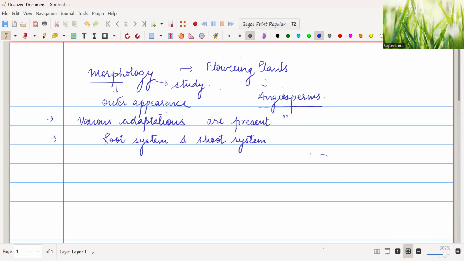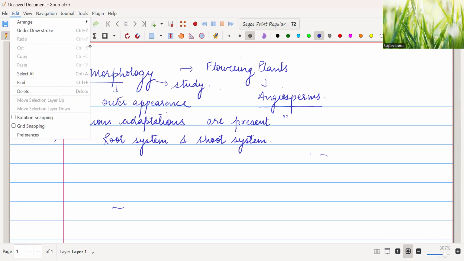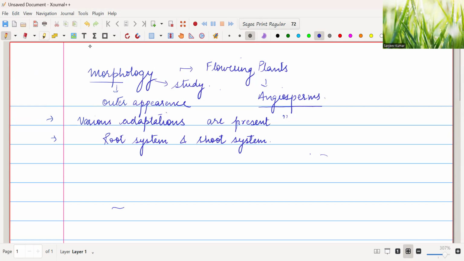It's very clear from the word itself. When we see a plant, we can see various plants with different structures out there. If you're seeing a green plant, we can see the green parts of the plant.